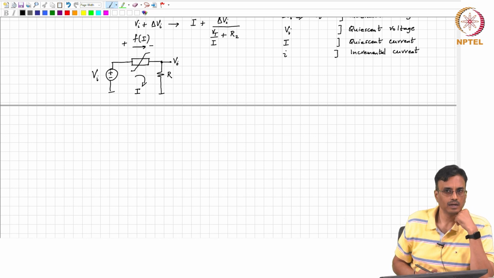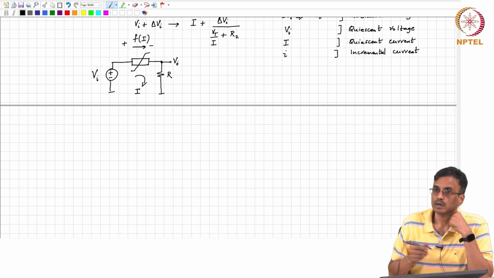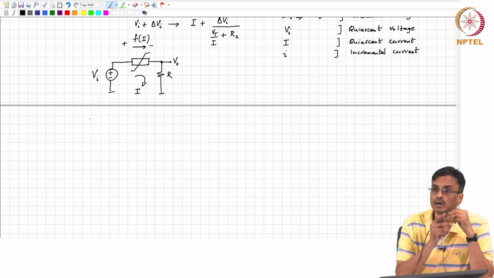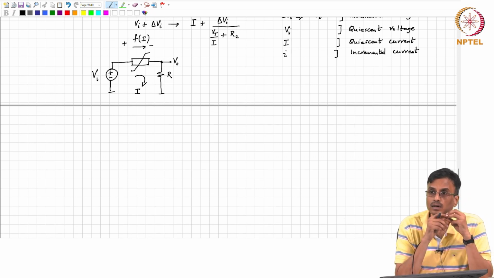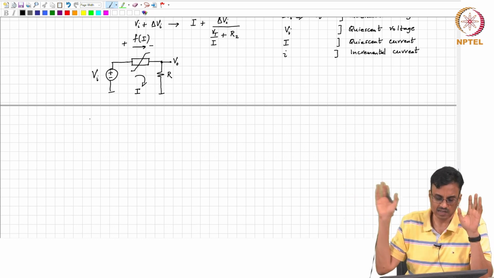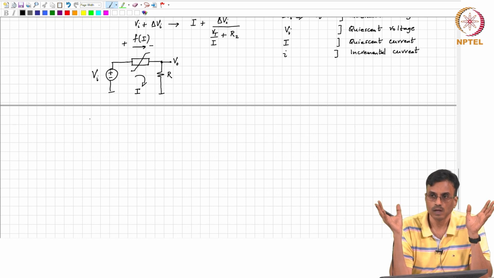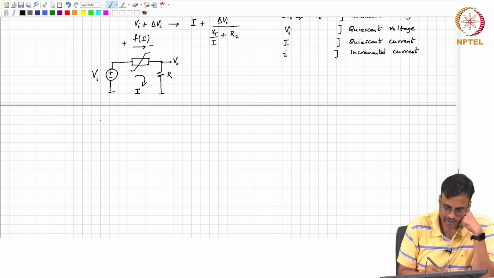How do we find it? No, there is no increment here. I have just applied a voltage to a nonlinear network. How will we find VO? KVL. What does KVL yield?